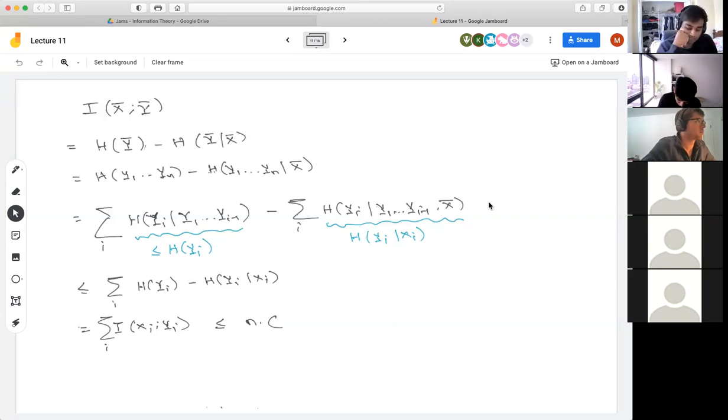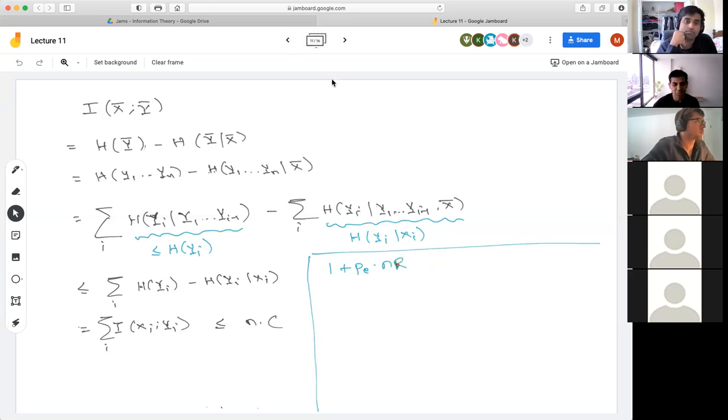And so if we combine everything we got so far, we had the binary entropy of the error plus PE times, or rather, let's replace the binary entropy of the error by 1. So using Fano's inequality, we get 1 plus PE times nR.